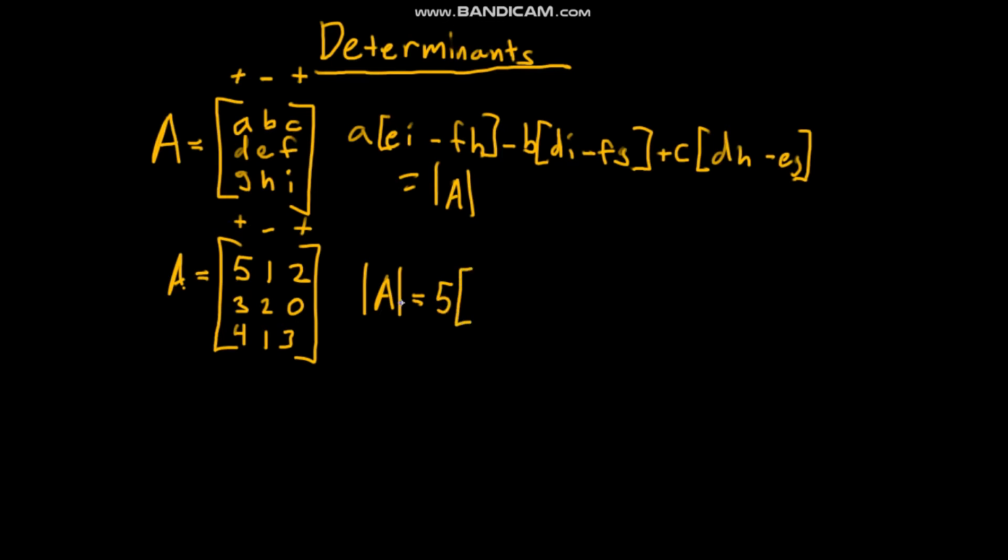Positive 5 times 2 times 3 minus 0 times 1, because we're looking at this smaller sub-matrix. Minus 1 times, because we're doing our minus up here, 3 times 3 minus 0 times 4.